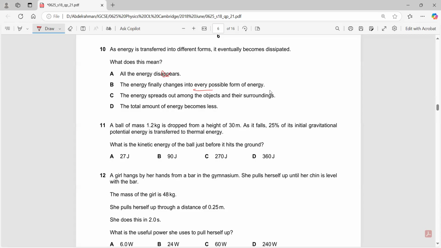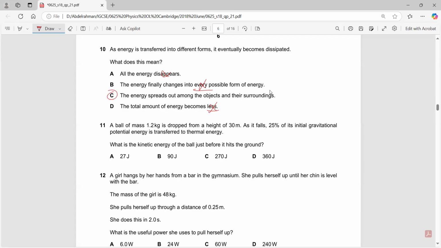Definitely not every possible form of energy, but into 1 or 2 or 3 other types of energies. The energy spreads out among the objects and their surroundings. Yes, it's lost to the objects and the surroundings around it. The total amount of energy becomes less? No, it is the same amount of energy.